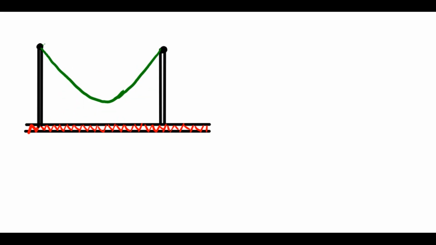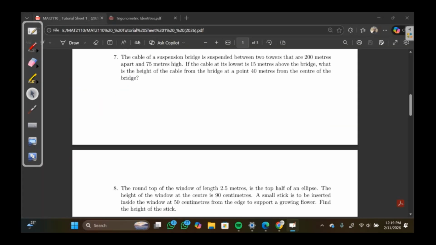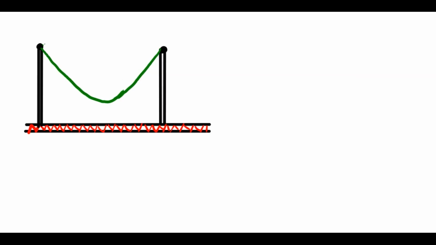Then one thing we are told is that the two towers are 200 meters apart, so we can place some distance here. So these two towers are 200 meters apart, so from here to here is 200 meters.